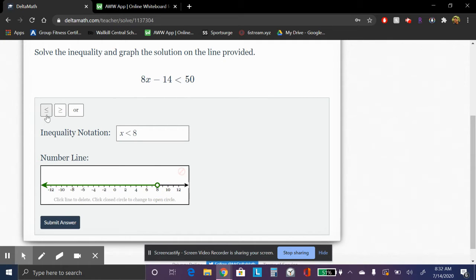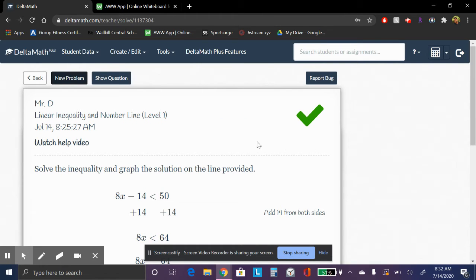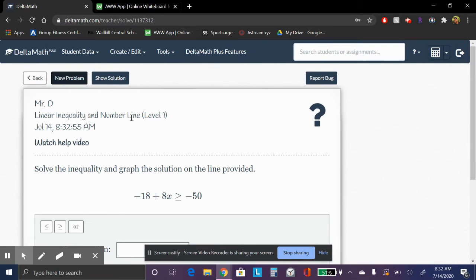If it was equal to 8, you would include that symbol, and that point would be included. But since it's not, you leave it open. Okay, so submit this answer. Click yes, and then boom. So there's a couple things you have to remember towards the end there.